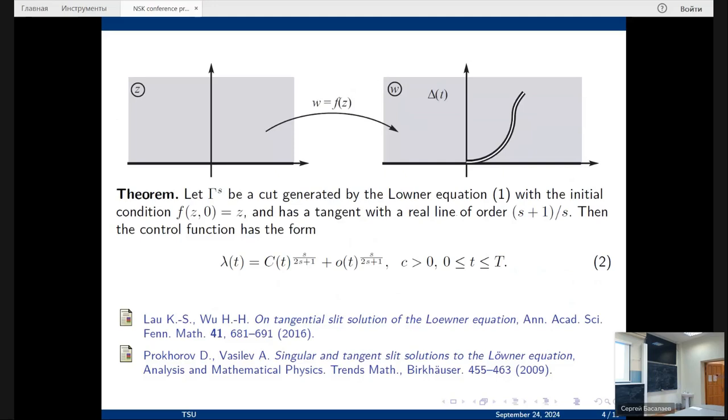As you see, the power depends on the order of the tangent s. The first article describes this general case, and the second one, Prokhorov and Vasilev, describe when s equals 1. So they have the expansion as a power series of t with the power 1 over 3. If you plug in s equals 1, you will find the expansion.